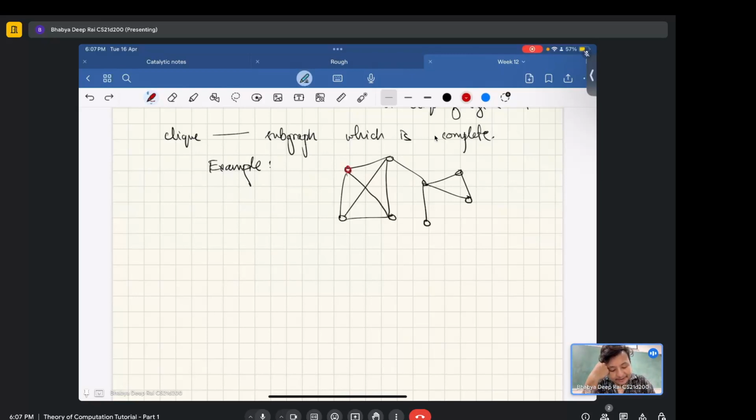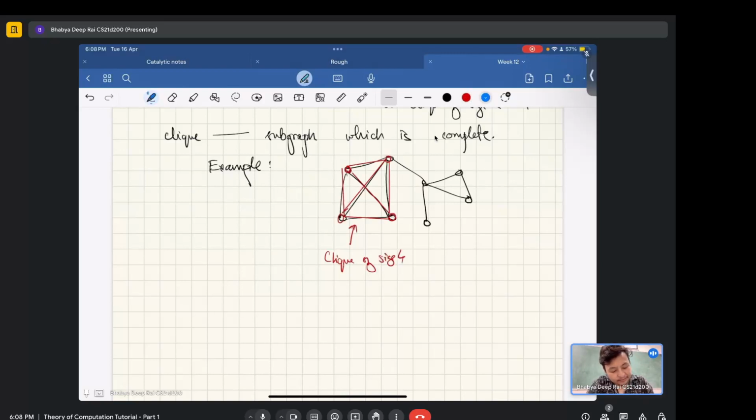For example, if we look at these four vertices, you can see that all four of these vertices are adjacent to each other. This is adjacent to this, and this is adjacent to this, and so on. Right? So here you have a click of size 4.